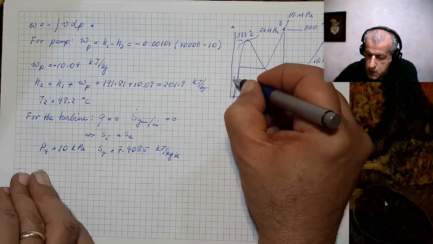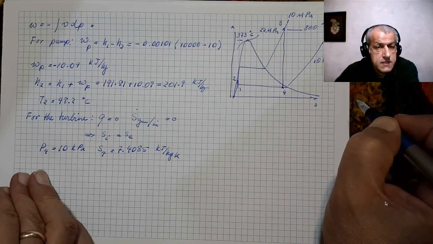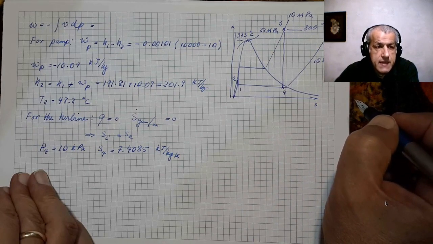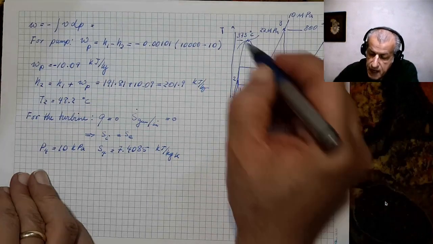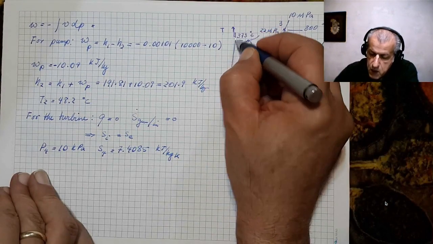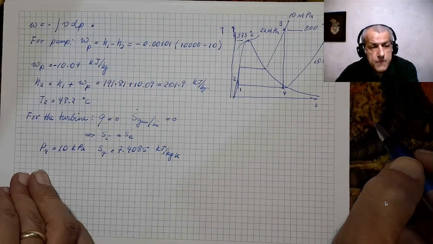This is point 1, and this is point 2. This is a better, more representative diagram than what I had drawn before.